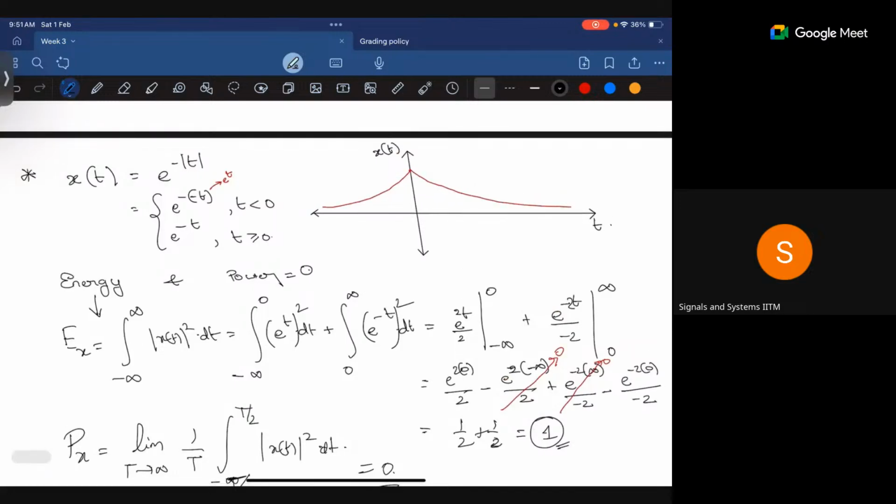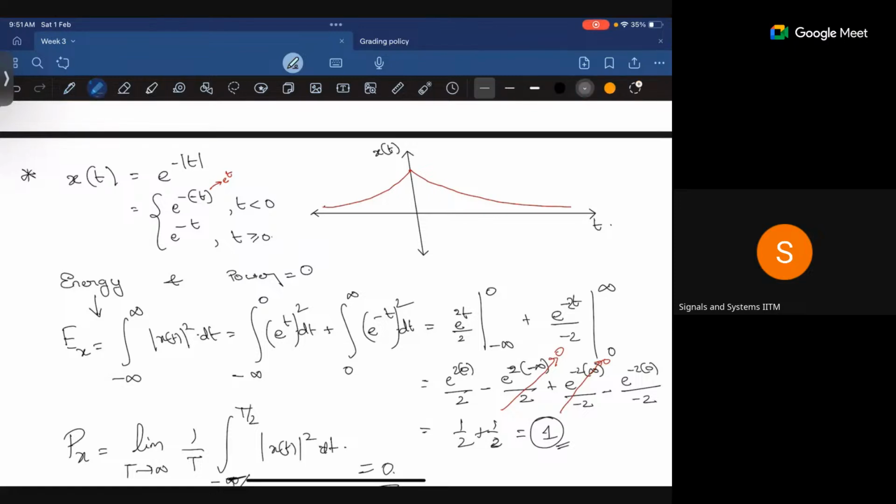Or if you plot, you will see the area under this curve. If you square it, what will happen? Even though you square the exponential curves, it will just be exponential only. It will just be scaled, but it will have the same kind of shape.